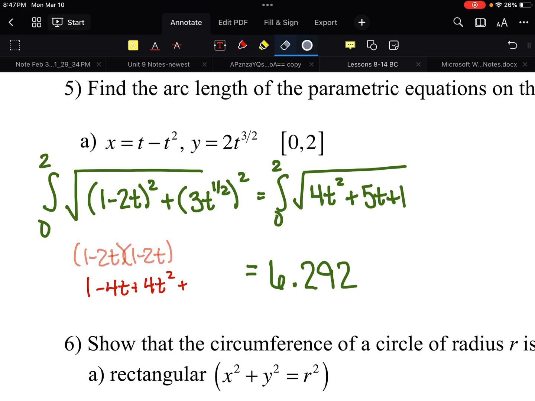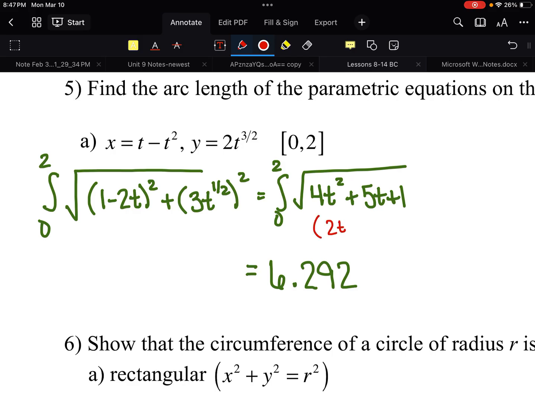So can I do the antiderivative of that? No, I don't think I can. I don't think that that's a perfect square. If I factored it like this to try to make it a perfect square, that would be 4t squared plus 4t plus 1.